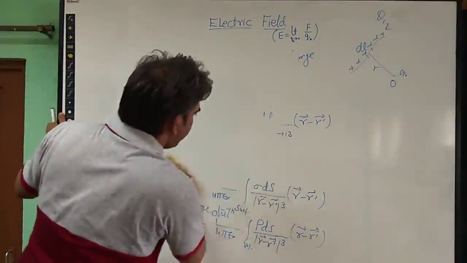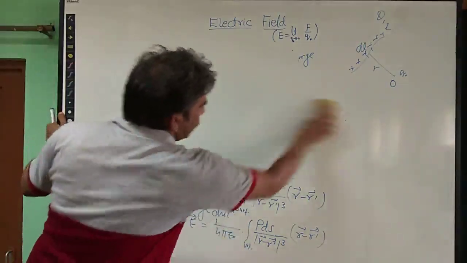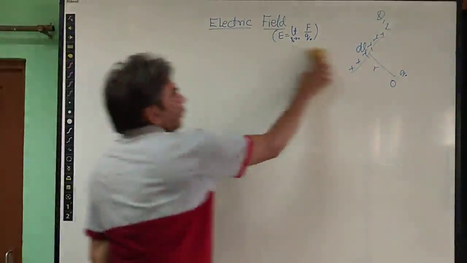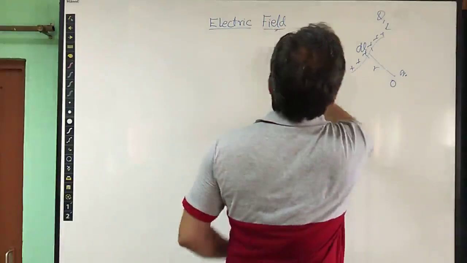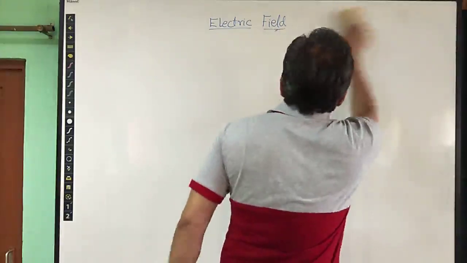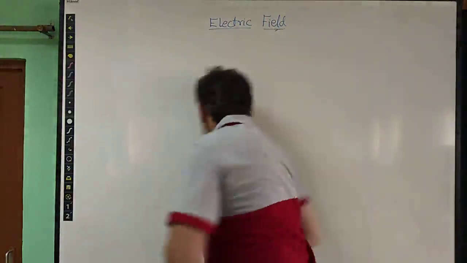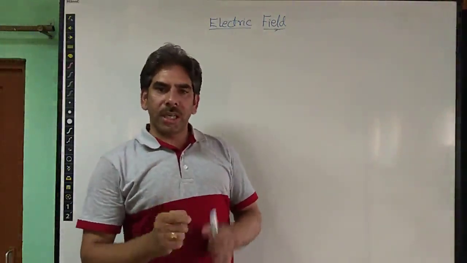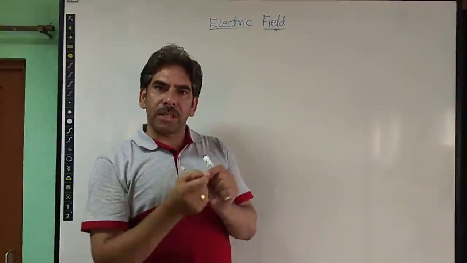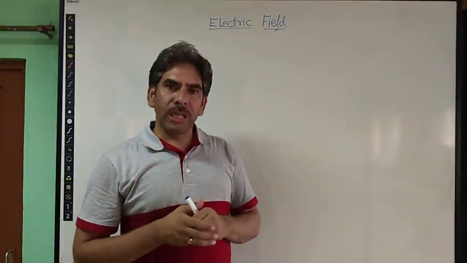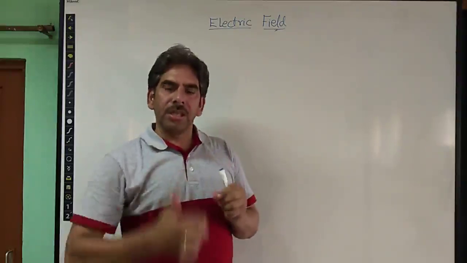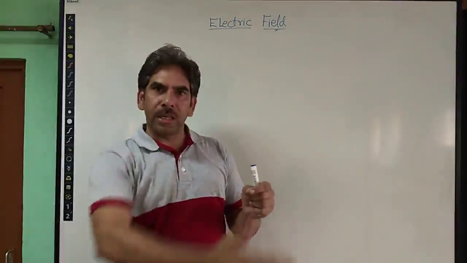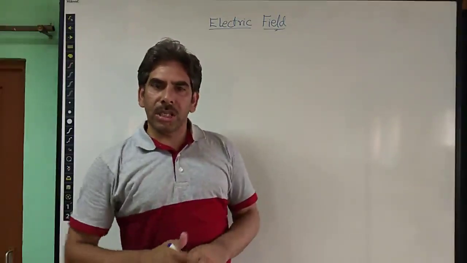So now I am taking just the expression for the electric field and not for the electrostatic force. You can do the same. Here the question is, we are willing to calculate the electric field due to a charge which is distributed in the form of a circle, at its axial line, which is perpendicular to the circular loop.